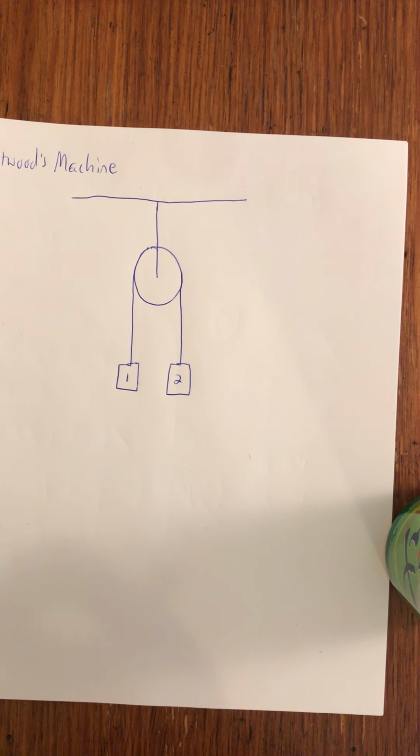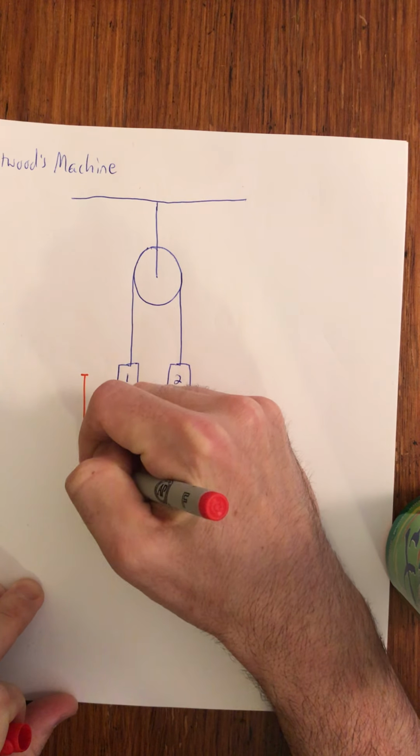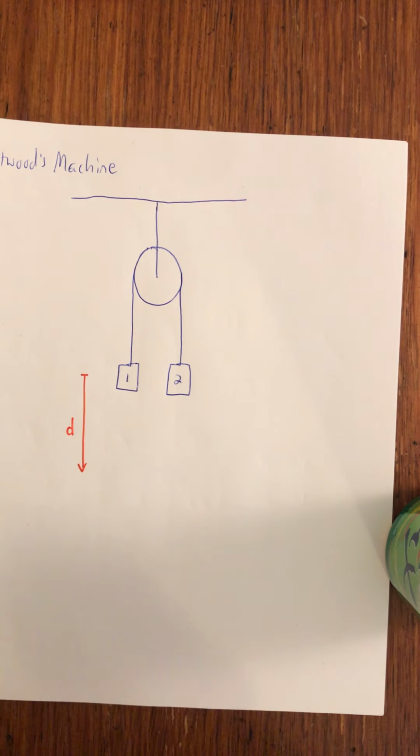But what happens if the question is something like, after object one has moved down a distance of d, how fast is it going? If you're being asked about speeds or positions, it's a good idea to use energy. If you're being asked about times, accelerations, and tensions, use your force analysis.